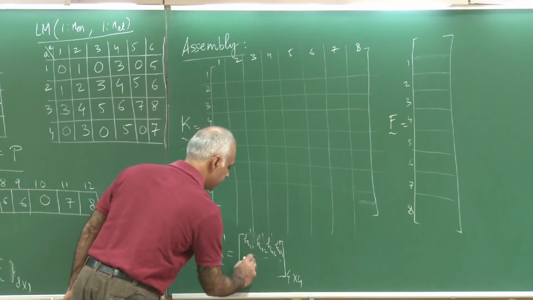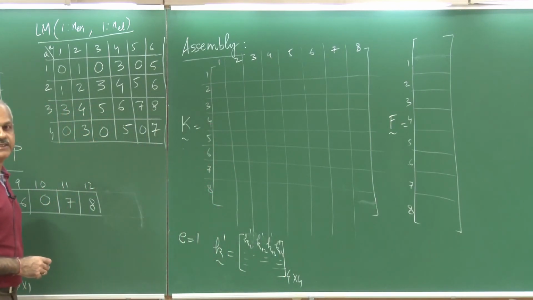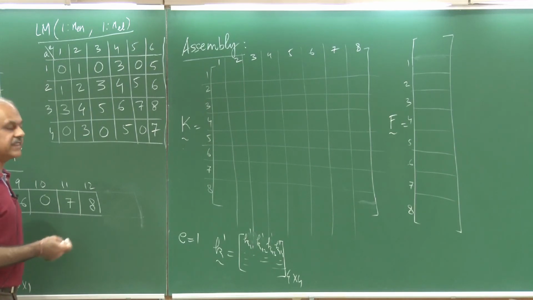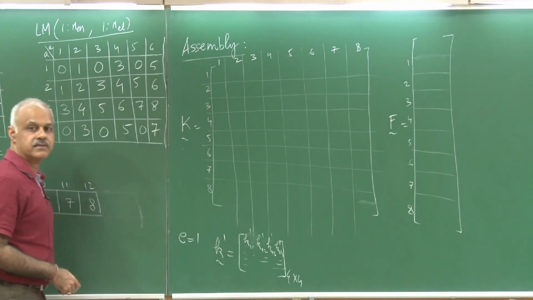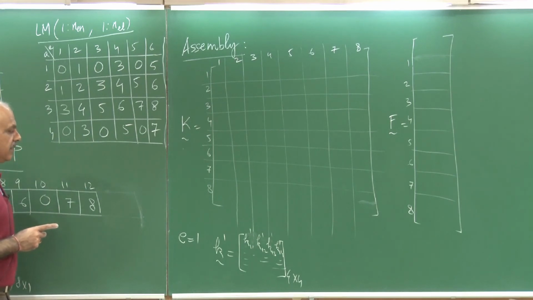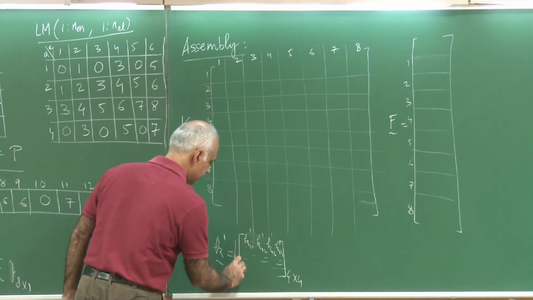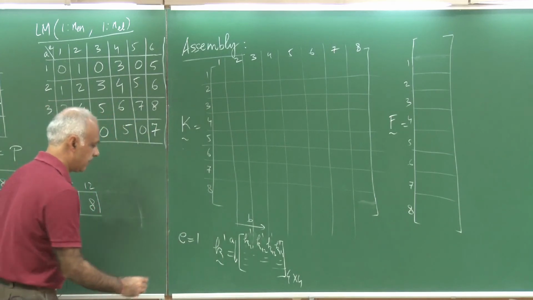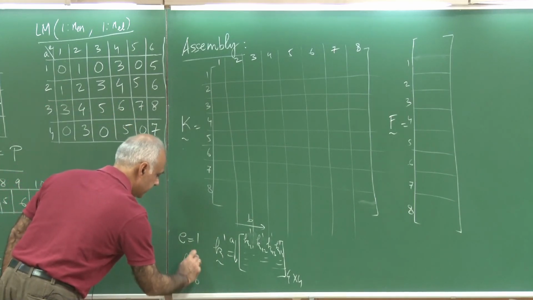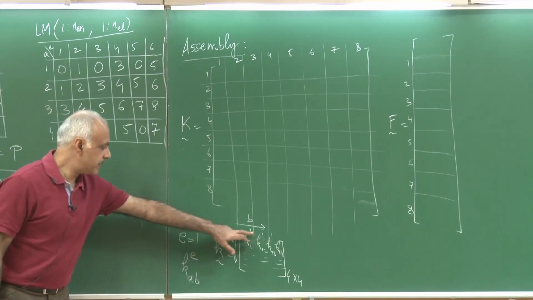Likewise, I would have 3 more rows, and I want to figure out where these entries would go. Let us first talk about K111. First element, A is 1, B is 1. Remember I am talking about K, A, B, E. A is the row number and B is the column number.